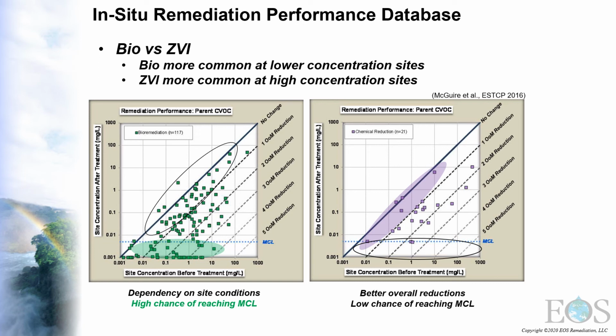So you get better overall reduction. But if you look at the black circle there, none of the sites that were shown in this data set got below MCL. So there's a lower chance that you're going to achieve strict cleanup goals with ZVI, and that's mainly attributed to the fact that the technology is incredibly contact dependent.